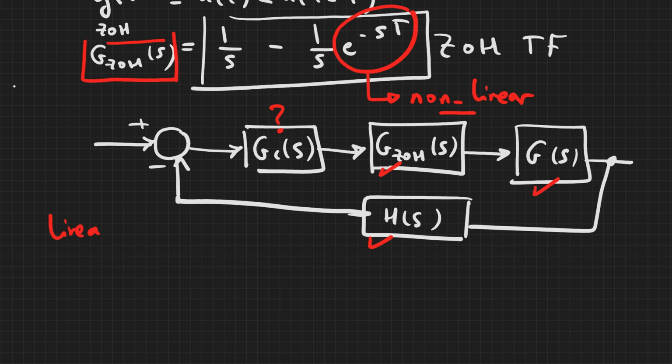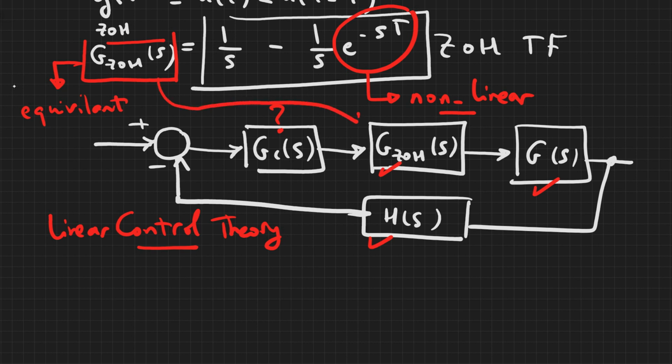All of our control theory so far is based on linear control theory. So we need to find some equivalent transfer function of the zero order hold and place it instead of this one, so that it's compatible with our linear control theory.